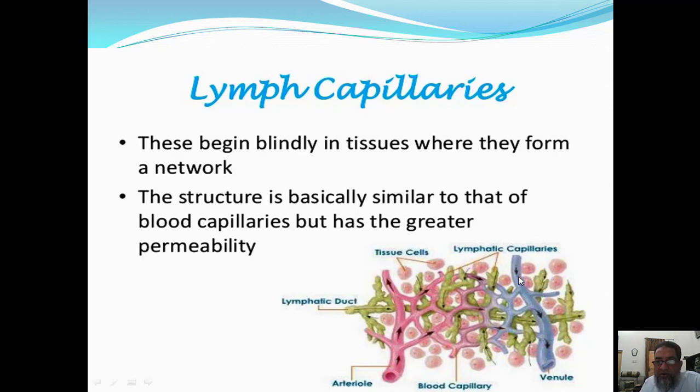Look at the picture. So this is the venule end, and this is the arteriolar end. Look at this, a capillary network, pinkish, almost all together, continuous capillaries carrying the blood, ultimately draining into the venular end, which carries blood toward the heart.